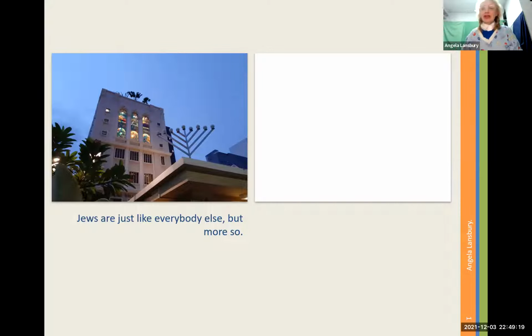Now, the important thing I'm going to tell you now is about the Hanukkiah. You may have previously seen pictures of a menorah, and the menorah has 7 branches for the 7 days of the week, and it was used until recently and is still used today in many homes.